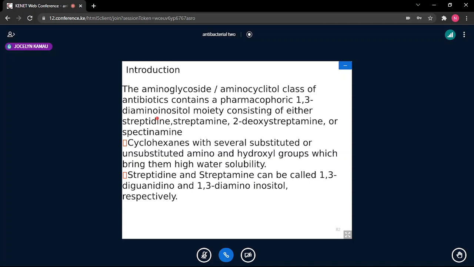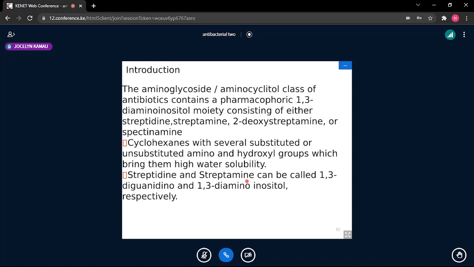So the large substitution of hydroxyl and amino groups makes these drugs highly water soluble. Even if you try to give them orally, they will not be absorbed, because they do not have the necessary lipid solubility to penetrate the membranes. They have very high water solubility. They will go into solution and just leave with the feces without being absorbed.